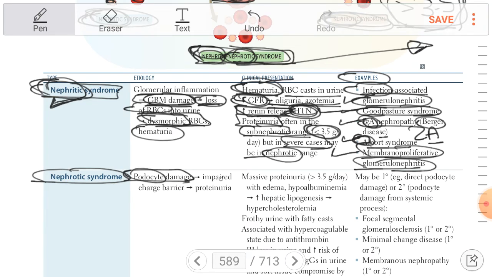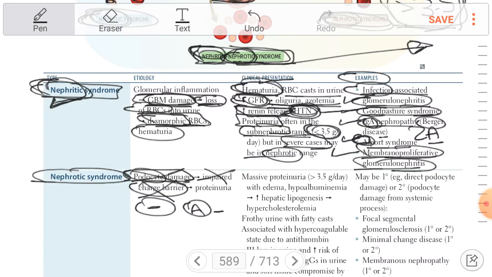So what's the importance here? Podocyte has what? Has a charge barrier. So if there is damage to podocyte leading to impairment of a charge barrier, so this charge barrier is negative, and there is albumin which is negative. So this charge barrier is responsible for inhibition of albumin being in the urine.